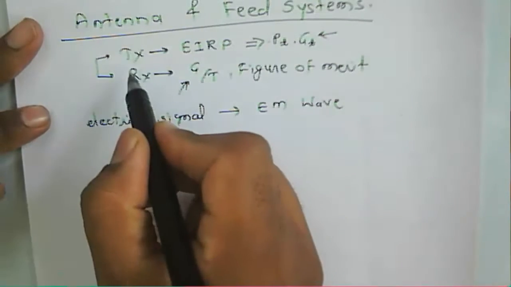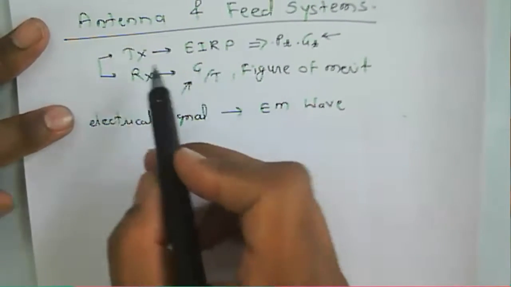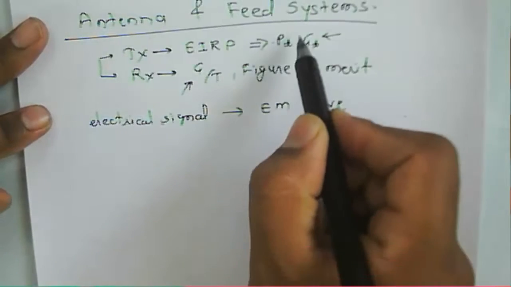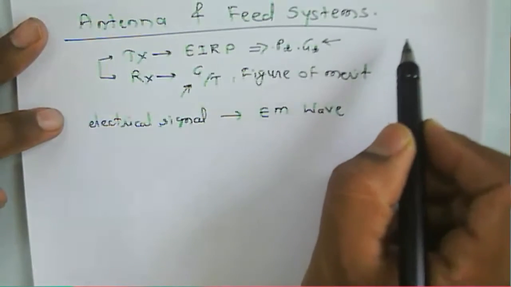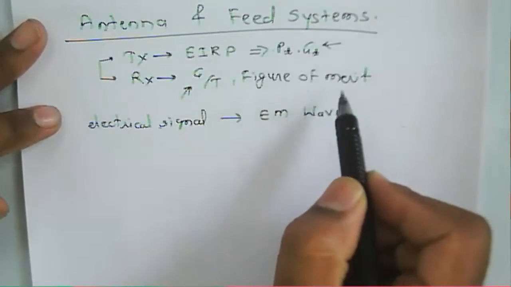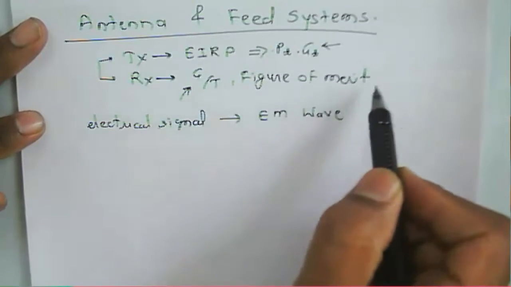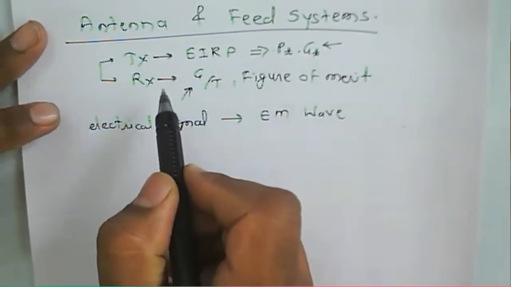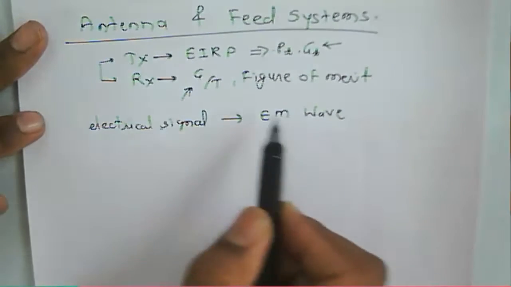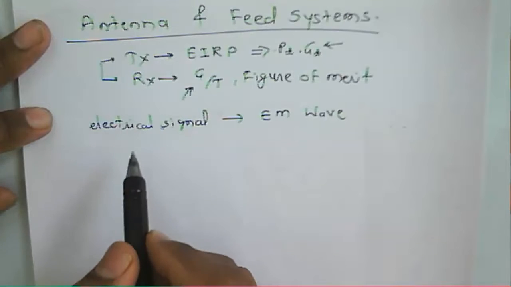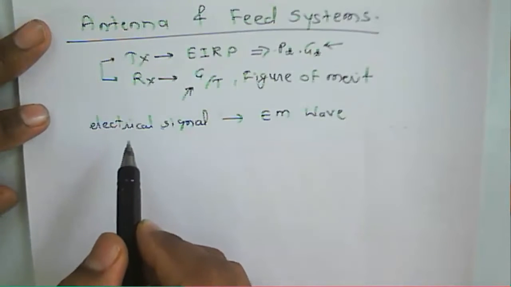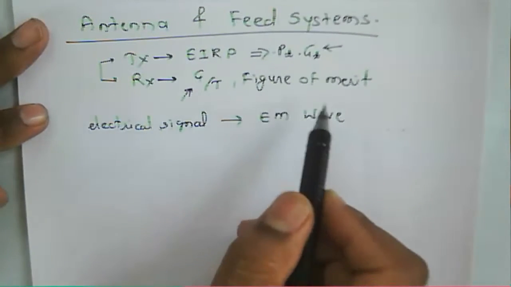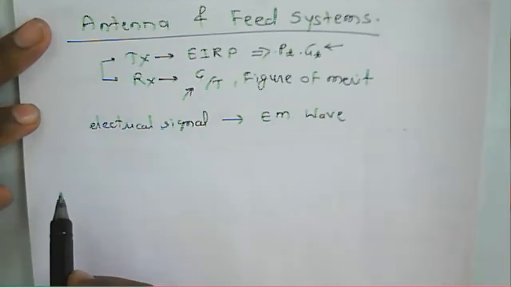But on the transmit side, electric signals are converted into the electromagnetic wave, and then it is transmitted to the space. But on the receive side, the electromagnetic waves will be received by this antenna, and that will be converted to the electrical signal there. Means electromagnetic radiation will be converted to the electric signal.